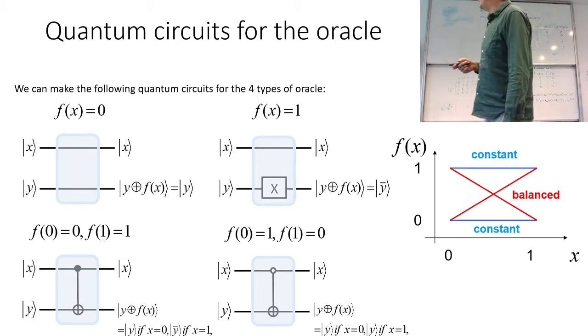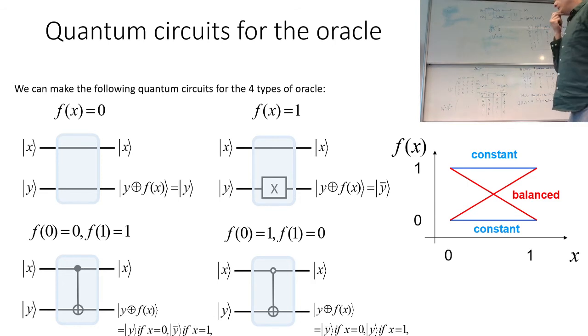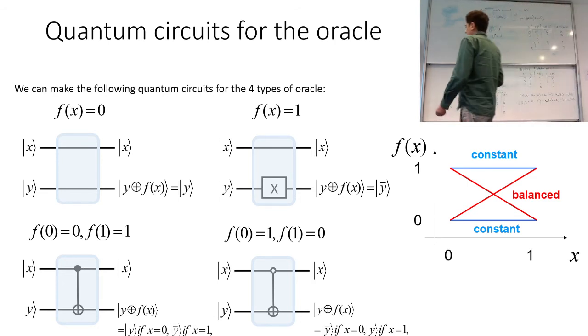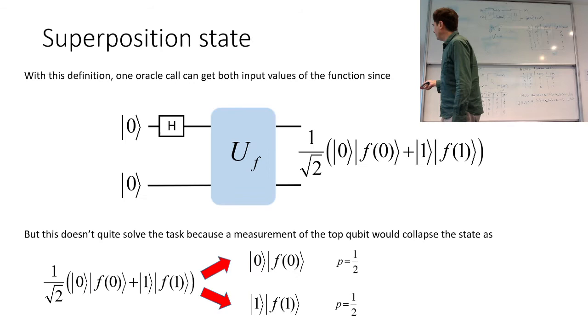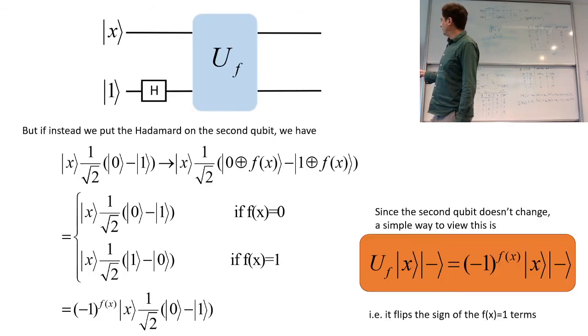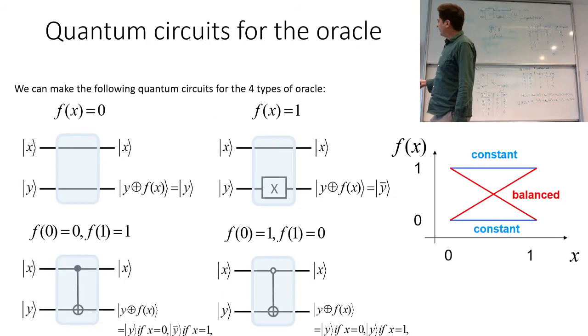No, Y is not equal to F of X. Y is just whatever you want to put in there. The simplest choice, in a way, is just to set Y equal to the 0 state.